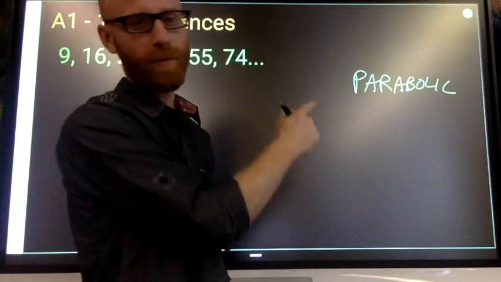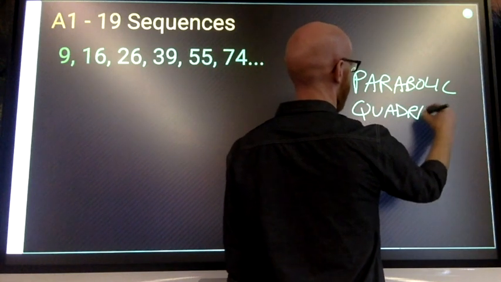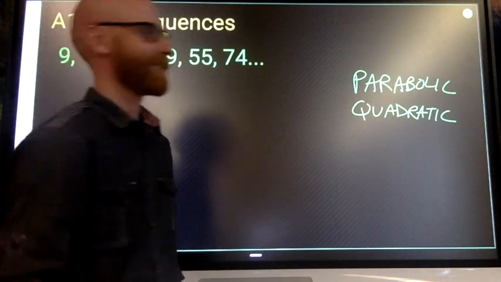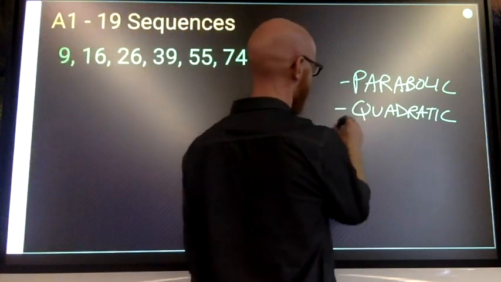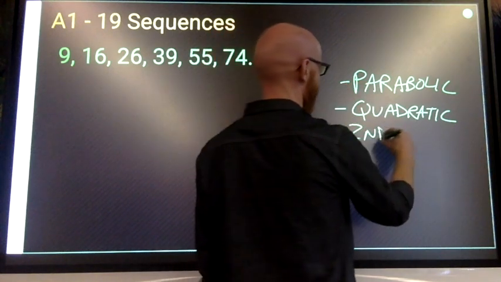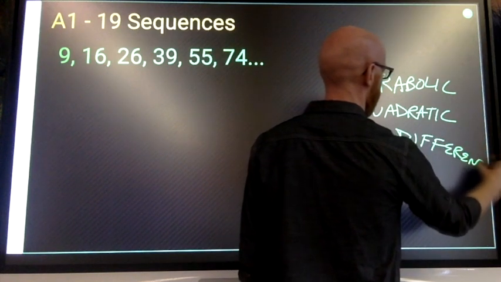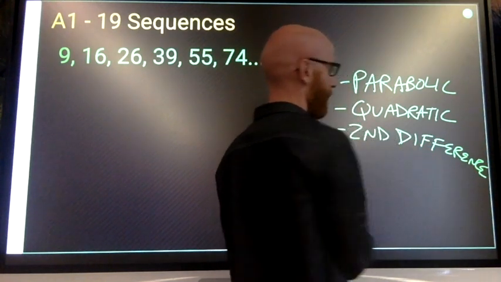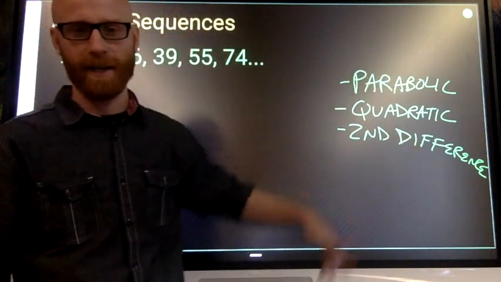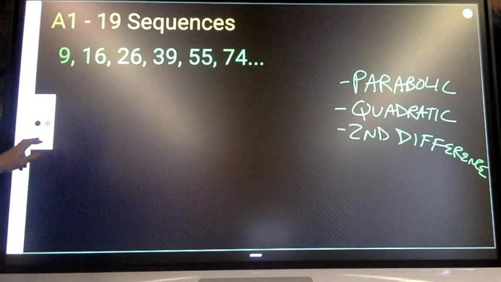If I didn't make it up, it's probably spelled wrong. Also could be called a quadratic sequence. Also could be called a, this is the most useful term, second difference sequence. Okay? Second difference sequence. All of these words mean the same thing. Second differences will make the most sense with what I'm about to do.